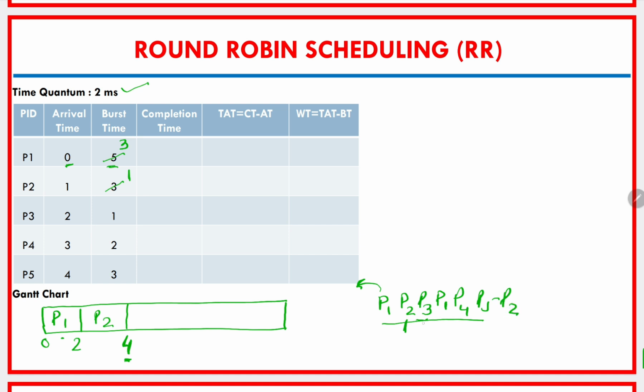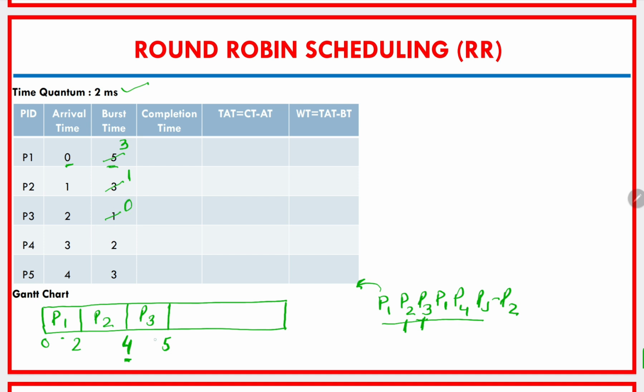Now after P2, who was the next process waiting? It was P3. So P3 will enter and get access to the CPU. P3 executes there; though the time quantum is 2 milliseconds, P3 needs only 1 millisecond. So P3 will execute for 1 millisecond only, and then the CPU will get the next process in the queue.